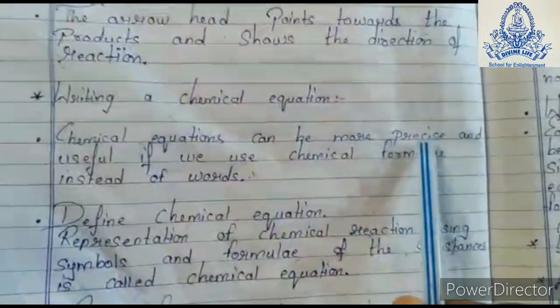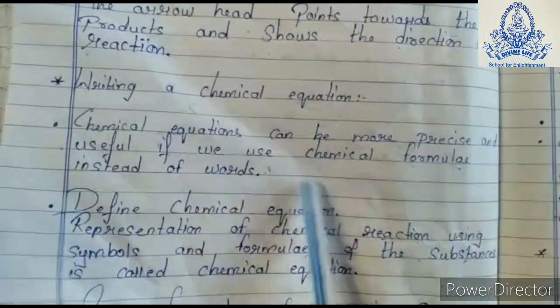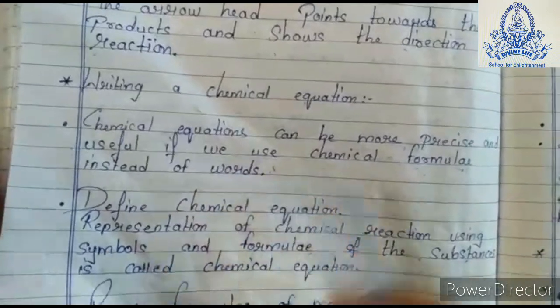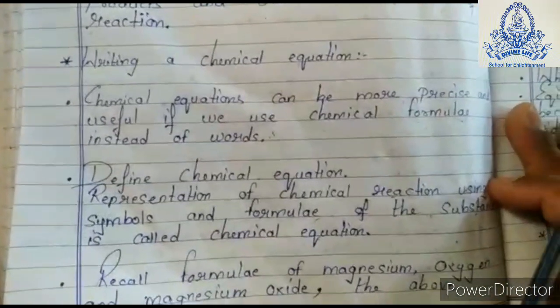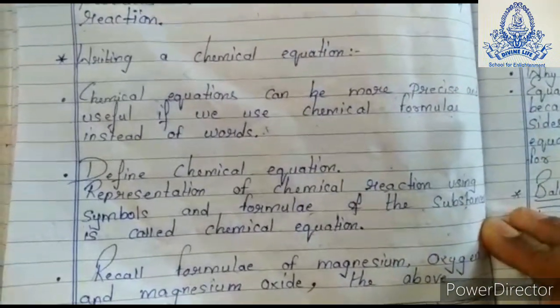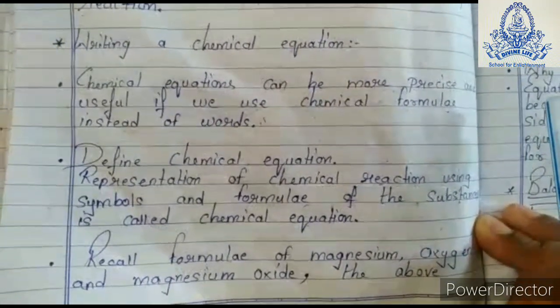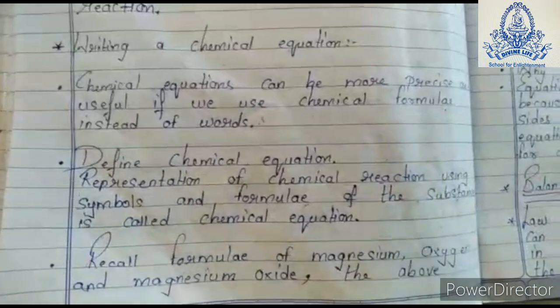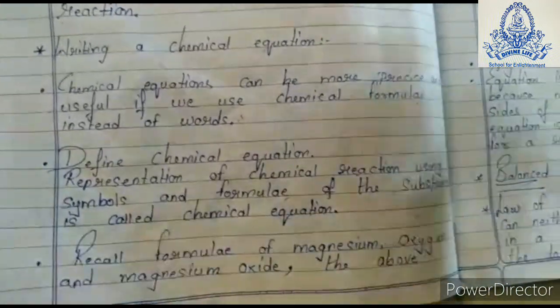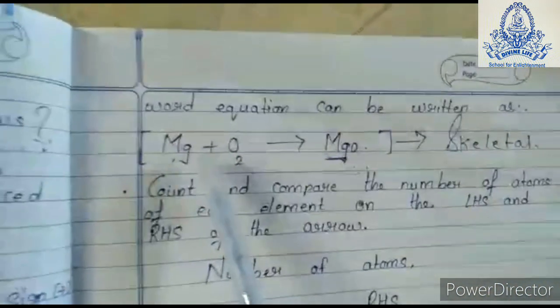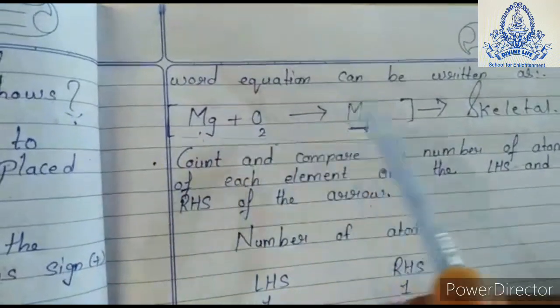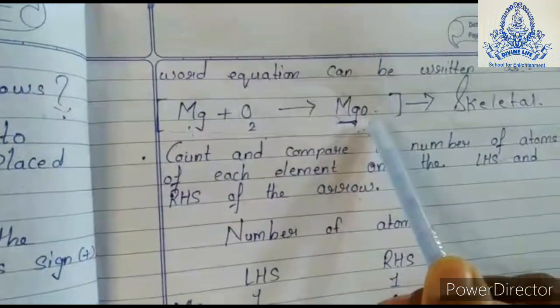Now, how can we write the chemical equation? The chemical equation can be more precise and useful if you use the chemical formulae instead of words. See the proper definition. Representation of chemical reaction using symbols and formulae of the substances is called the chemical equation. Now, the chemical equation for that word equation can be written as follows. Magnesium plus oxygen gives us magnesium oxide.